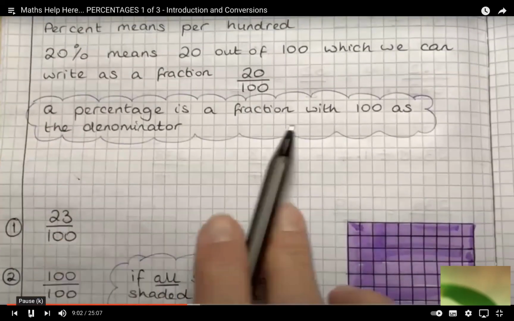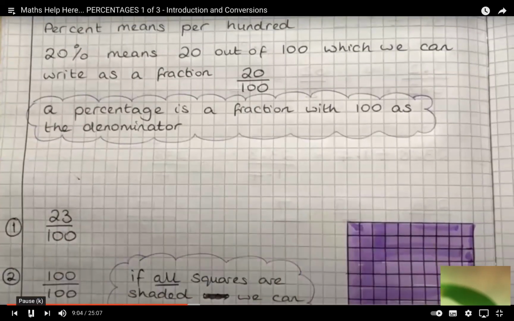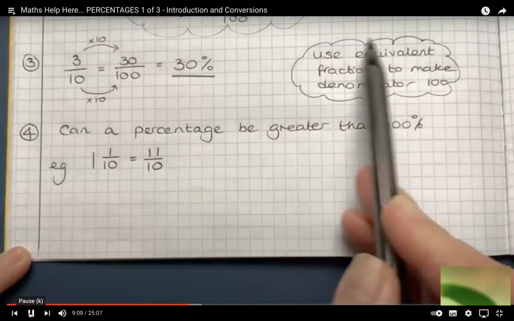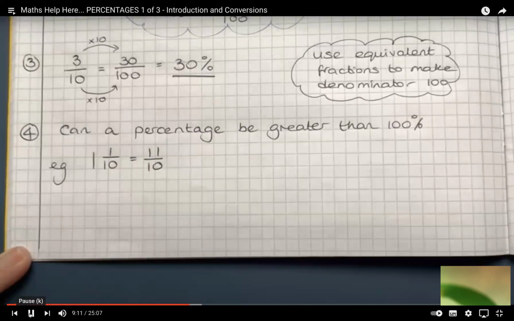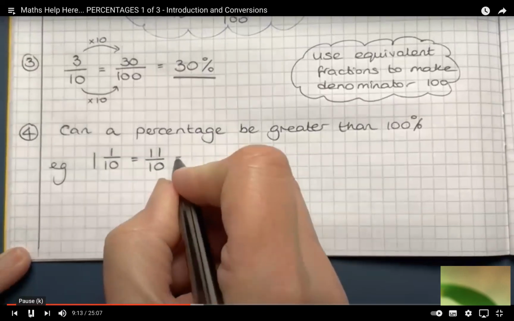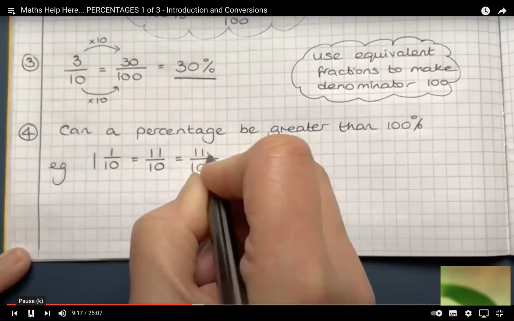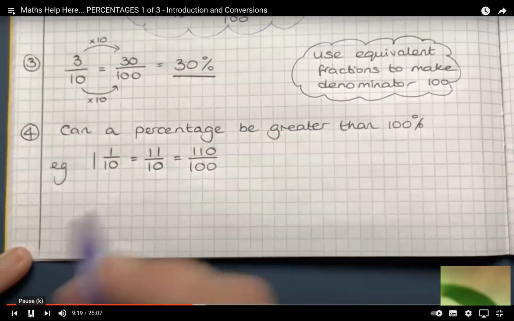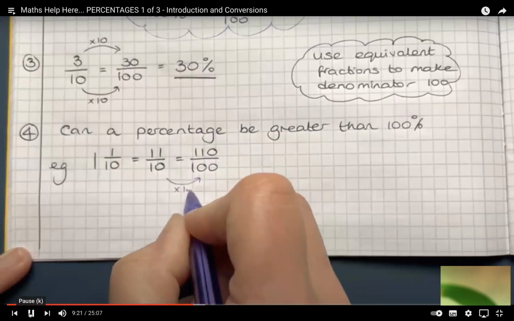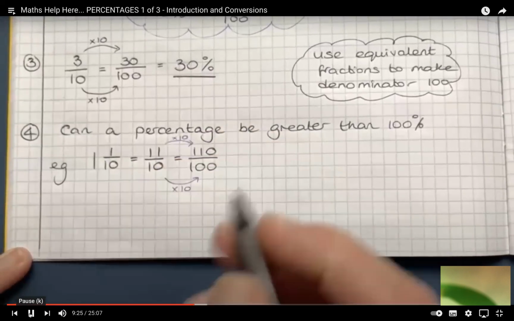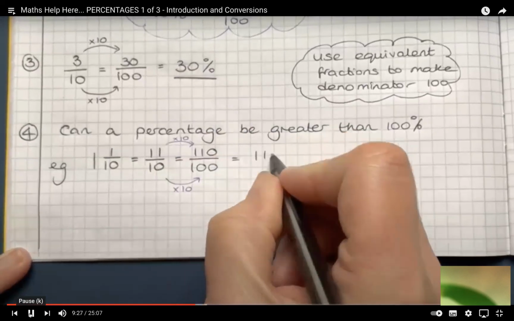A percentage is a fraction with 100 as the denominator. So I now know from here I need to use equivalent fractions to make my denominator 100. So I can multiply my numerator and my denominator by 10. Let's have a look and see what I've got. I've now got 110%.